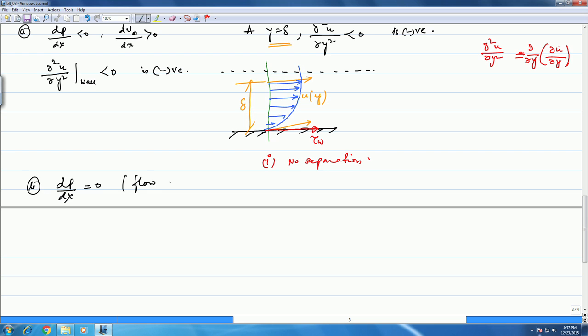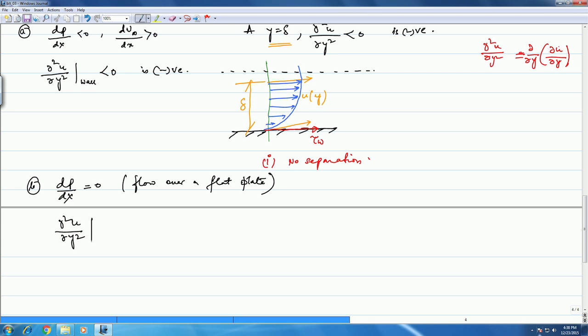So this is nothing but flow over a flat plate. Now in this particular case, if dp/dx is 0, then ∂²u/∂y² at the wall is 0, which means if I integrate this, ∂u/∂y at the wall is a constant.